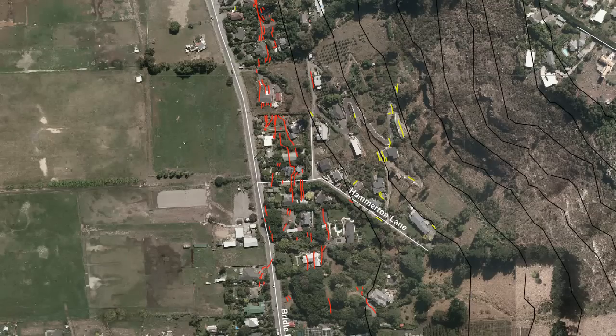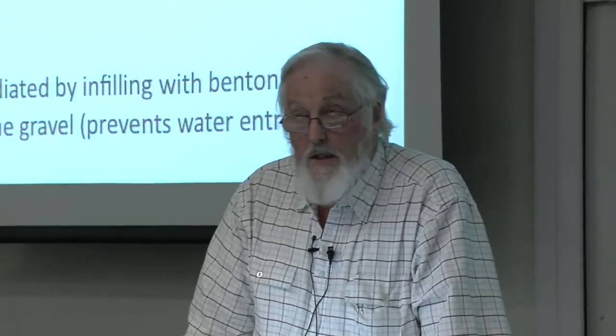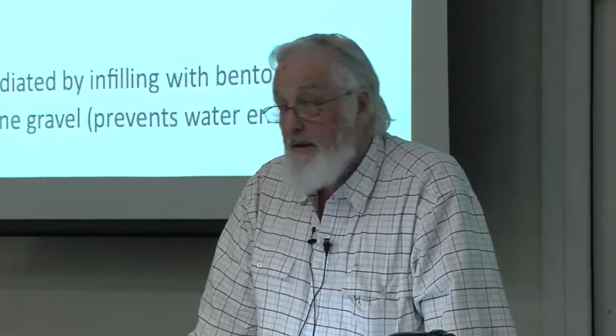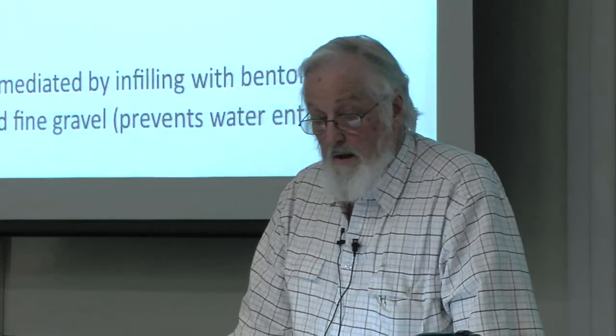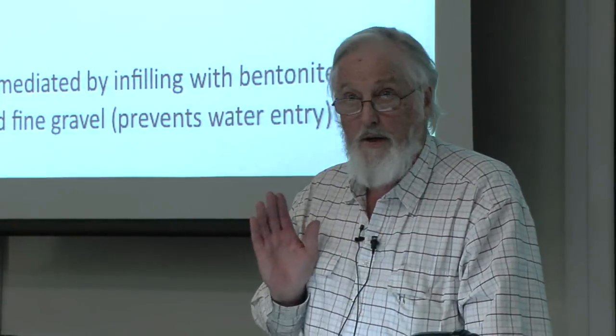And these fractures in the ground are the result of shaking damage. We see them in every valley from Bowenvale out through Bridle Path Road. That's Bridle Path Road that you can see in the photograph there. Every one of these valleys is displaying this major fissuring. If you take the scale and work it out, that's about 800 metres along the valley side.